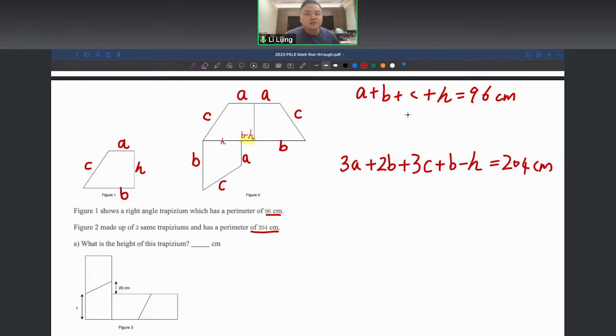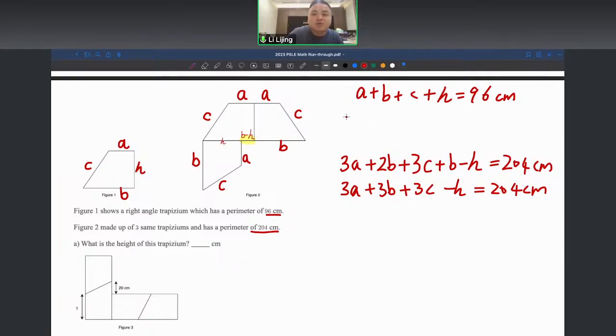Okay, this tells you another knowledge point, about substitution and replacement. You can see that this first one and second one look very familiar. Here is ABCH, and here I also have ABCH. Here I have 1 of each, and here it looks like I have 3 of each. If you rewrite this, you can get 3A plus 3B plus 3C minus H equal to 204. Here I only have 1, here I have 3.